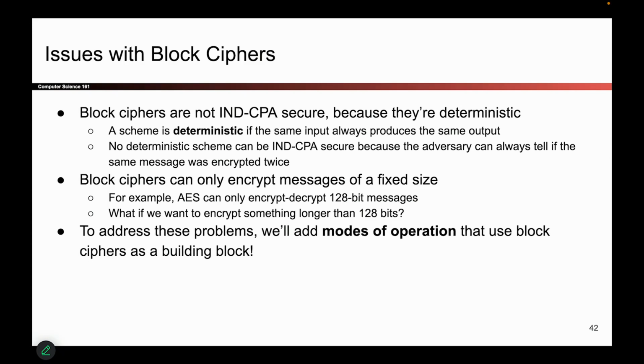All of that bit shifting and mixing that you saw, it just doesn't work if the input is not 128 bits exactly. So if you want to encrypt things that are longer or shorter, you can't use block ciphers. So there are two big problems. One is security, one is usability. And to solve them, we're actually going to use block ciphers as a building block to build something even better that will be IND-CPA secure and will solve these problems. So that's coming up next.